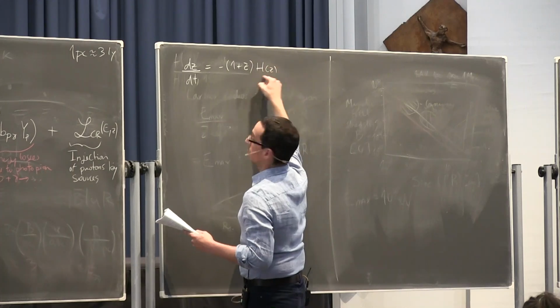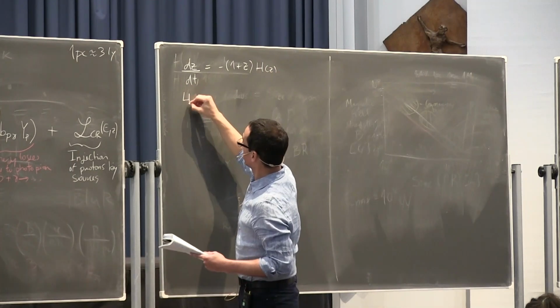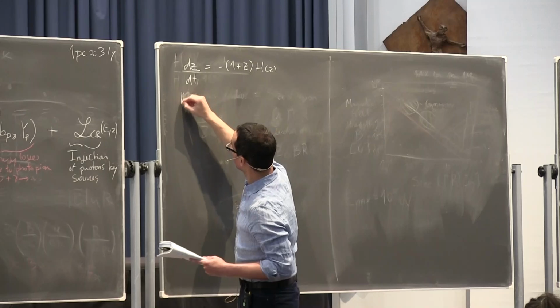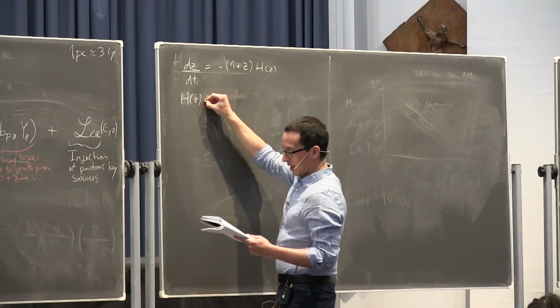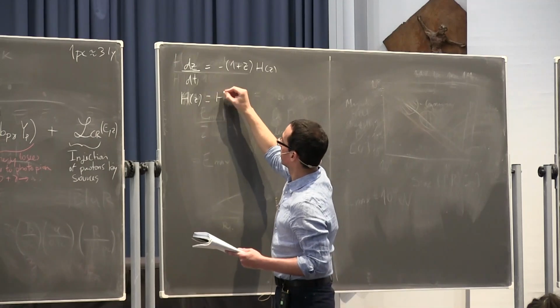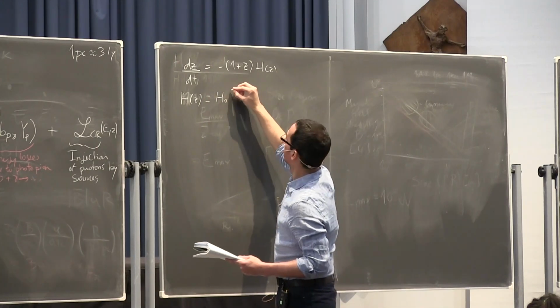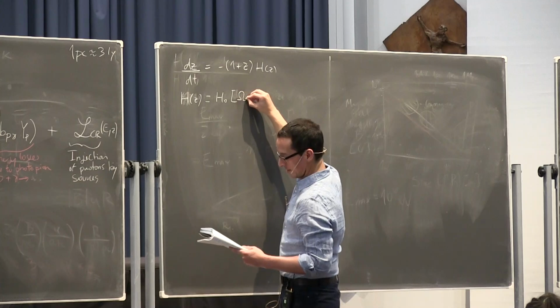Okay, and this H is the same H that I wrote there, so let me now write it here in full. This is the Hubble parameter calculated at some redshift, and for the purpose of everything that I'm going to say, we're living in a Lambda CDM universe.